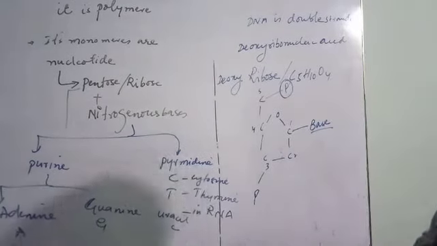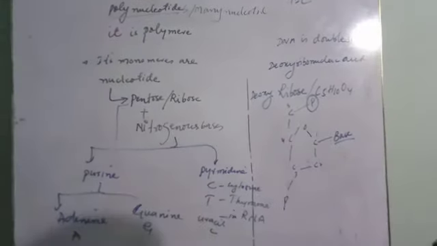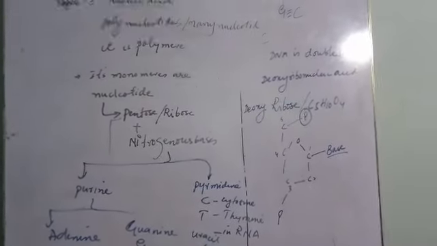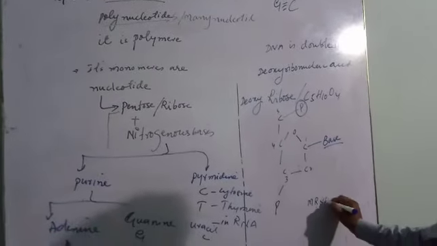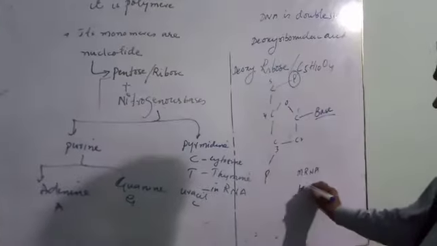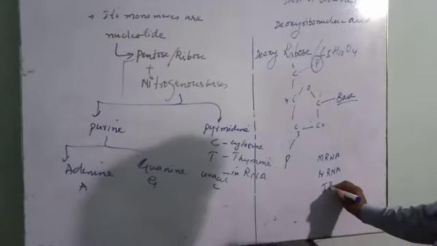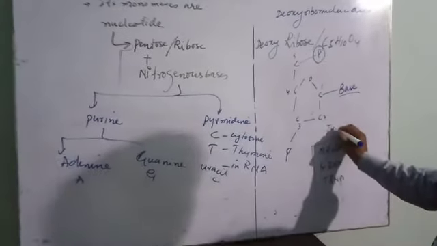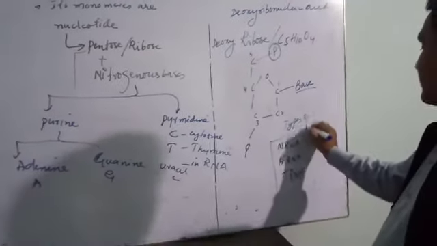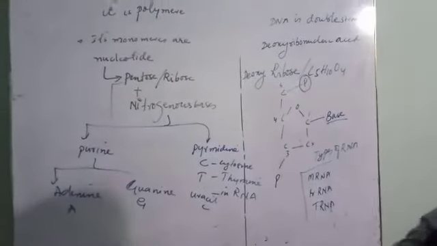There are two strands of DNA. RNA is single stranded. There are three types of RNA: mRNA, rRNA, and tRNA. There is no type of DNA.